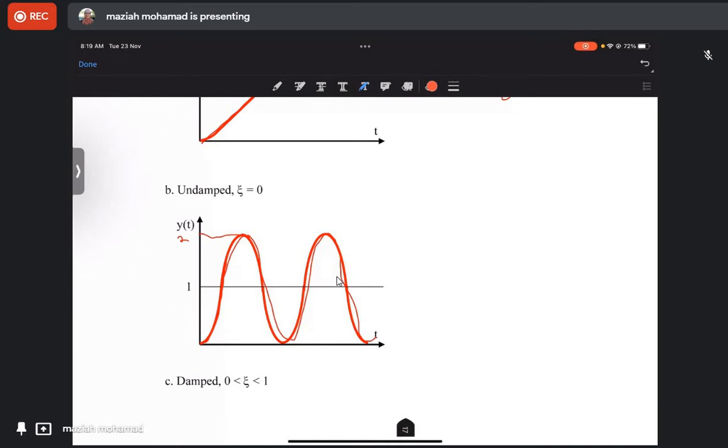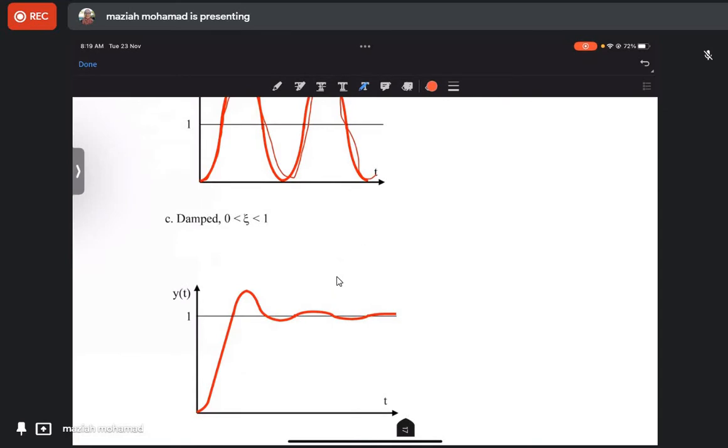Okay, so the optimum value that we can choose for damping ratio is actually higher than 0 and lower than 1. Okay, so in case of a suspension system, we're choosing a good damping ratio within this region, bigger than 0 and lower than 1. So it will behave something like this.